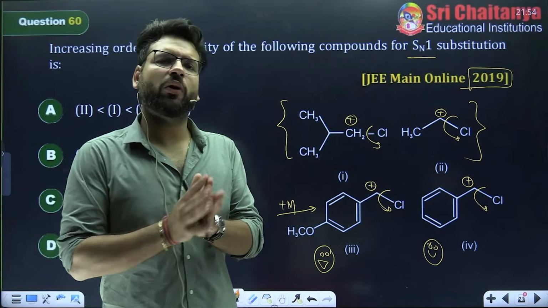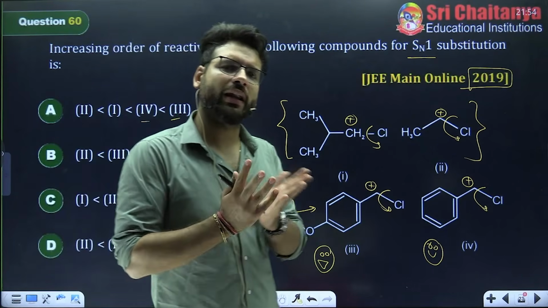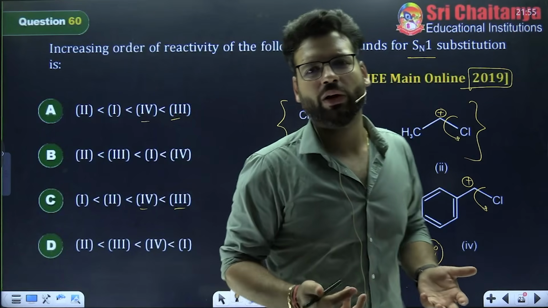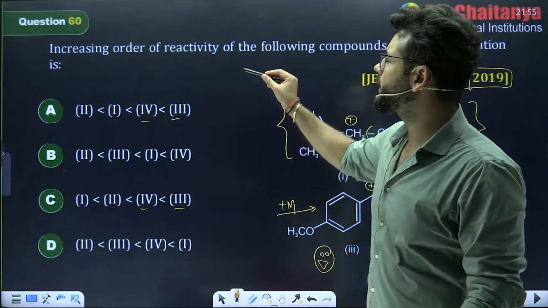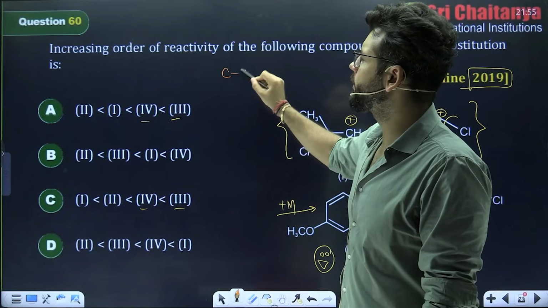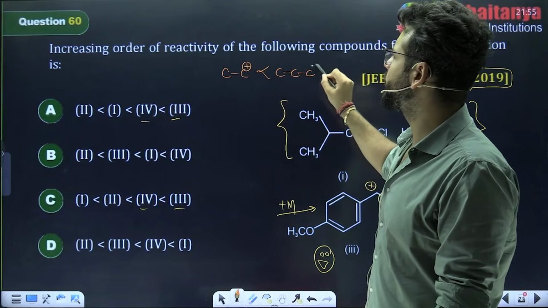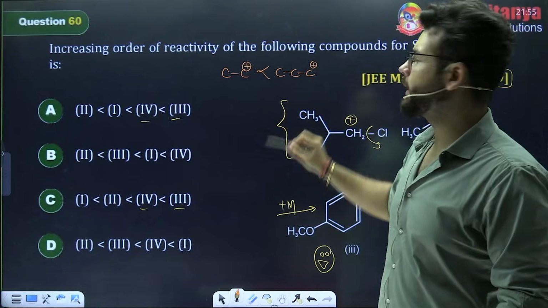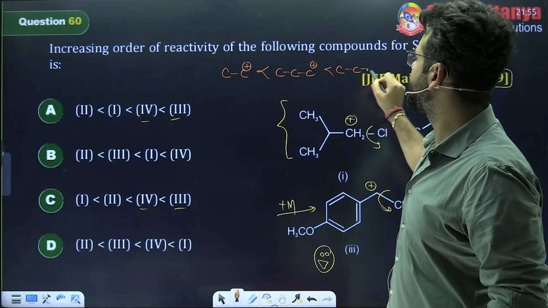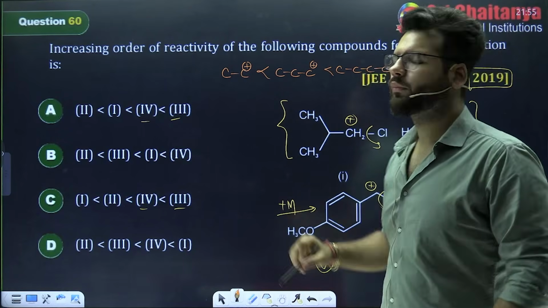But in small alkyls, the carbocations are never found to be stable. Better than ethyl is propyl. It is completely a factual point. You should remember, better than ethyl is a propyl carbocation, and better than propyl is a butyl carbocation.